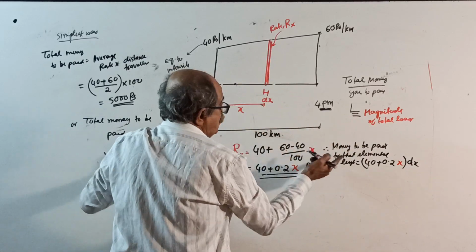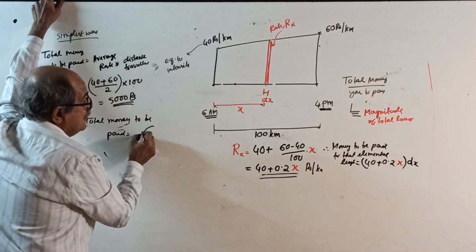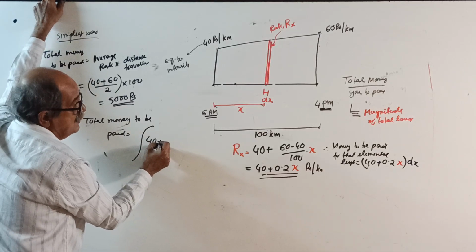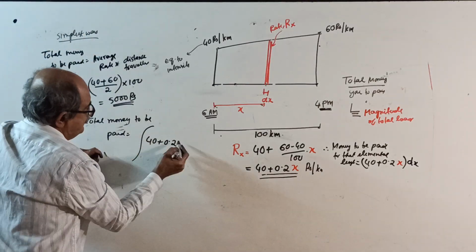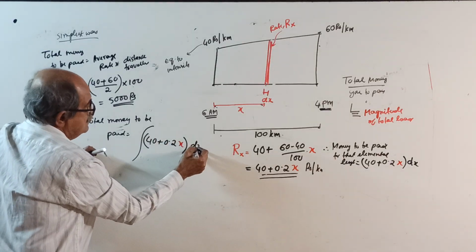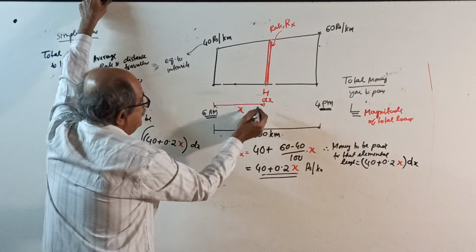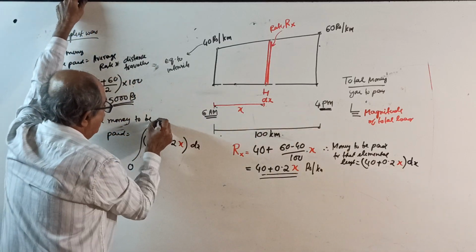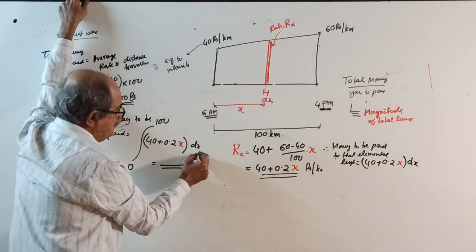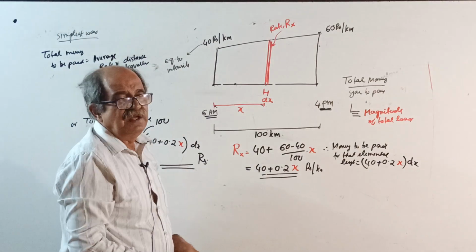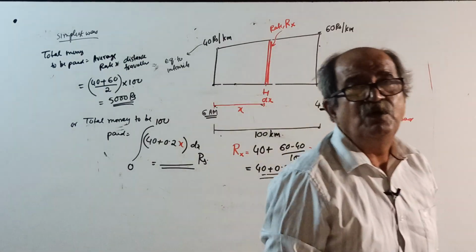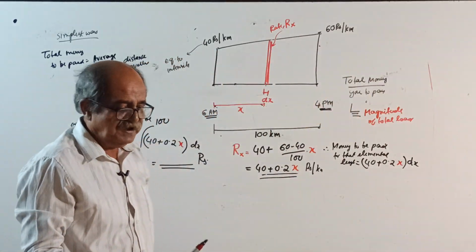Now the total money to be paid is the integration of 40 plus 0.2 times x dx, with limits x from 0 to 100. The total money will come in rupees. This is only an example, don't take it seriously.